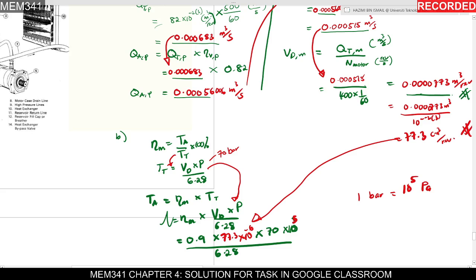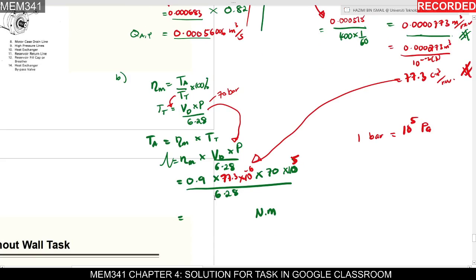So this is wrong, this should be the 5. Then divide by 6.28. Why is this 6.28? This is the constant value that is already there in the question itself. You can refer back to the torque question, because there is 6.28, the constant for the SI unit. If you do this in the imperial unit, there will be a different constant value here. Okay, so let's calculate using your calculator.